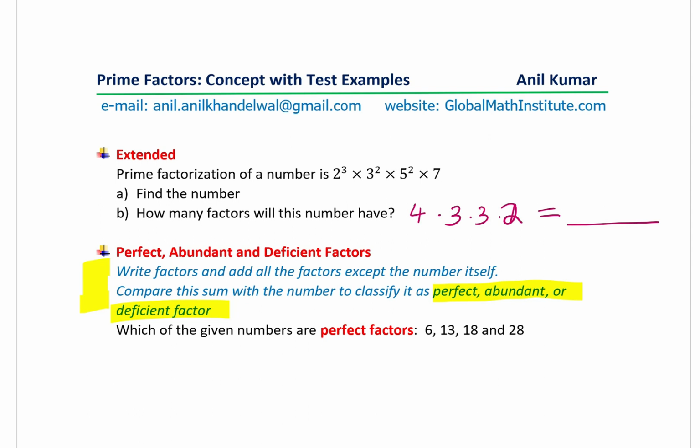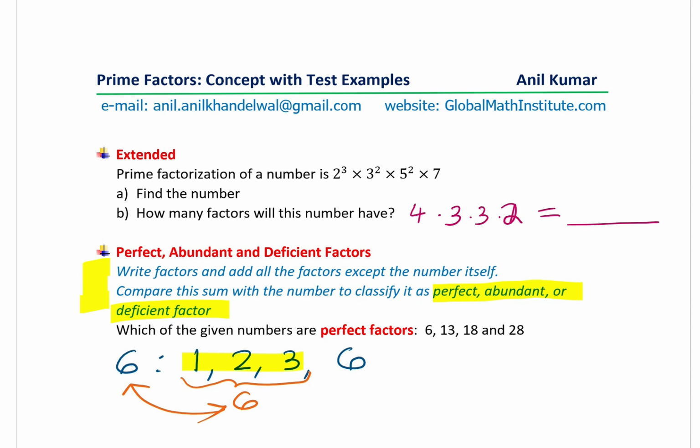Let me explain what I'm trying to say. 6, the factors of 6 are 1, 2, 3, and 6, right? Now, if I add 1, 2, and 3, what do I get? I get 6. They are equal. Do you see that part? So except the number itself, right?